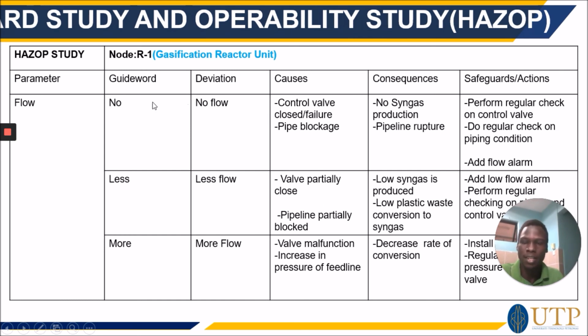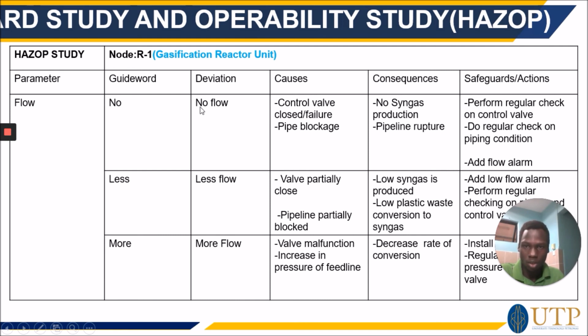This table here is the hazard study for the node R1, or gasification reactor unit, where the waste plastic is converted to syngas. The parameter studied here is the flow, using 3 guide words: no, less, and more.